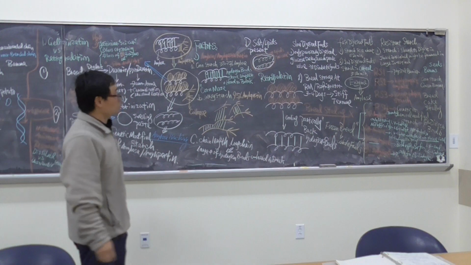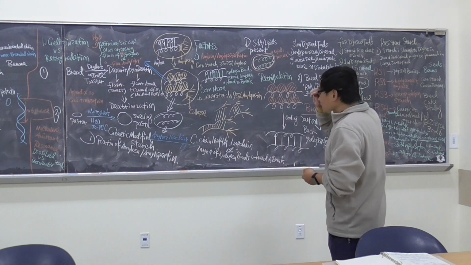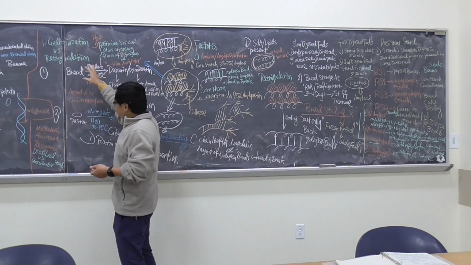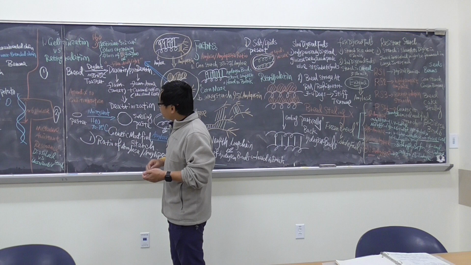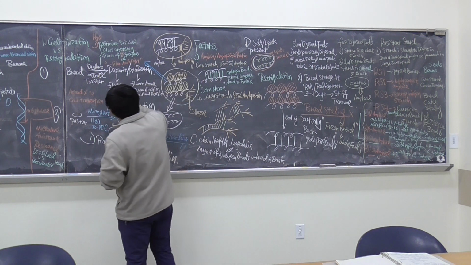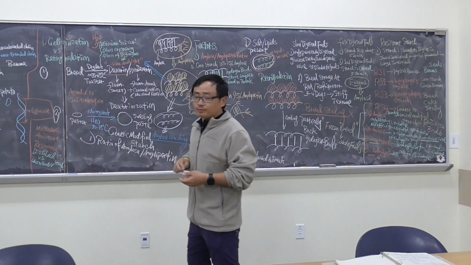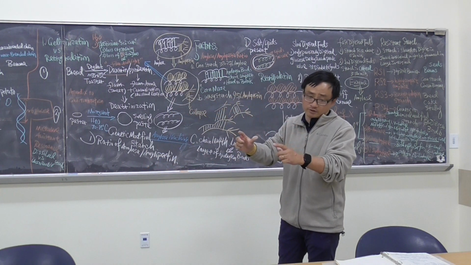Okay, the last thing I want to mention very briefly. We talked about here, if we have a bread, under dry heat it will generate a dextrin. Dextrin sometimes will become a maltodextrin if the gel has been formed.